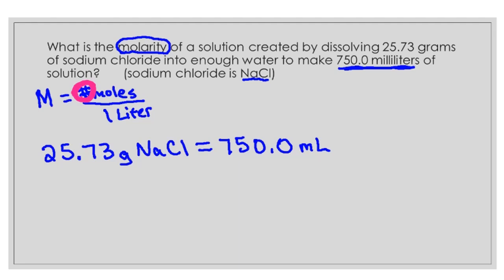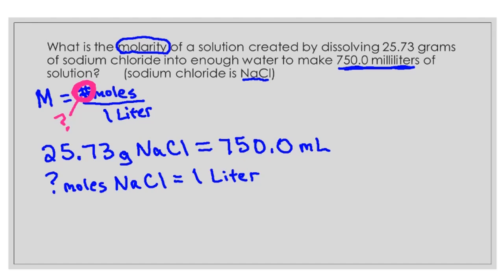So what it's asking, here's the question mark, is how many moles are in 1 liter? So we're going to write how many moles of sodium chloride is in 1 liter of solution.